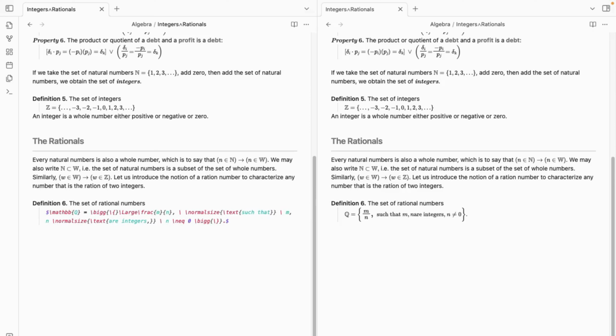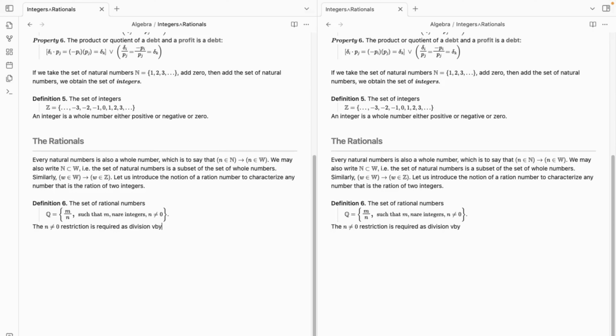Great. The n not equaling 0 restriction is required as division by zero is undefined.